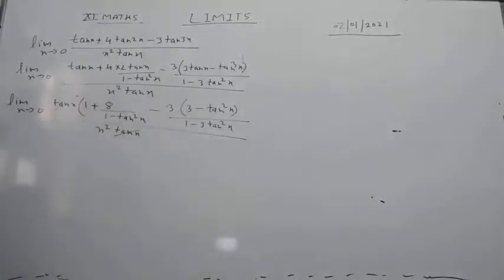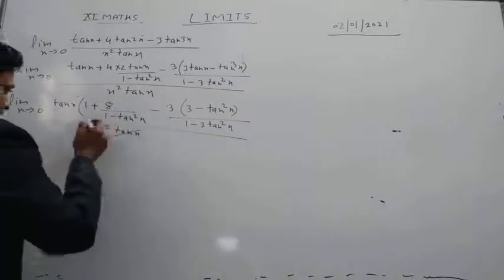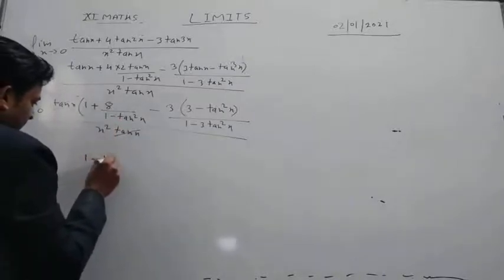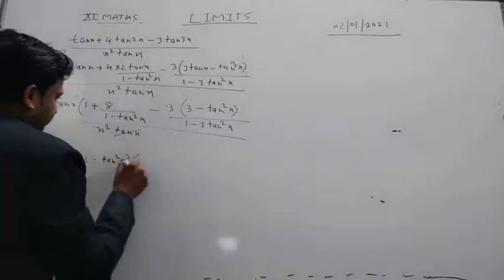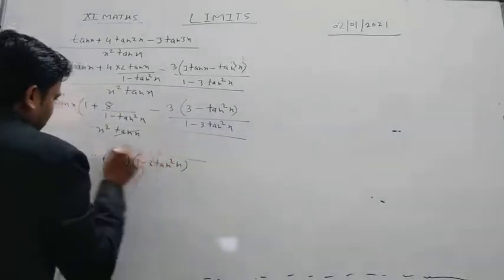Okay, student. Now we will take LCM and add. Limit x tends to 0, we take LCM (1 minus tan square x)(1 minus 3 tan square x).